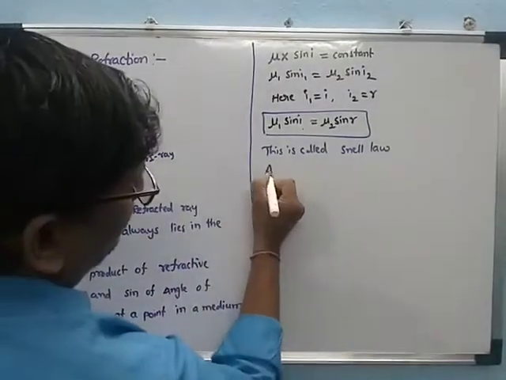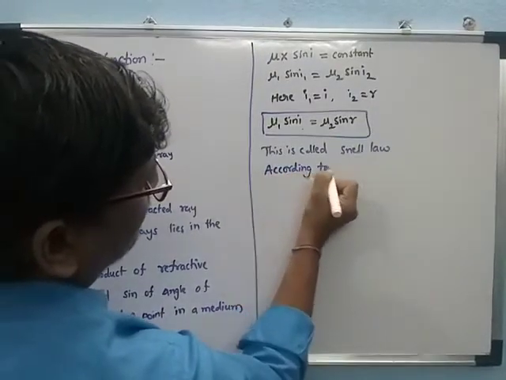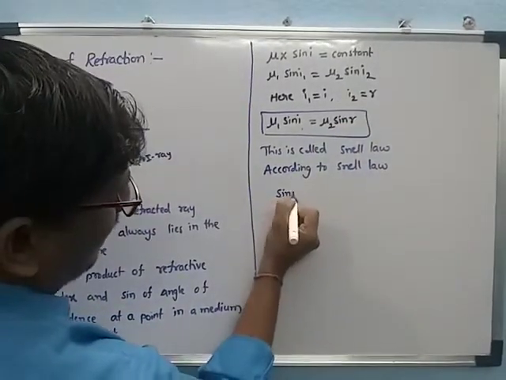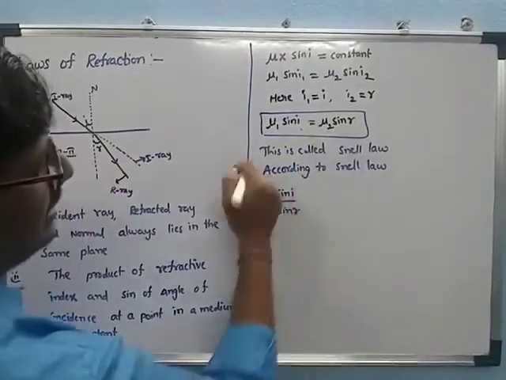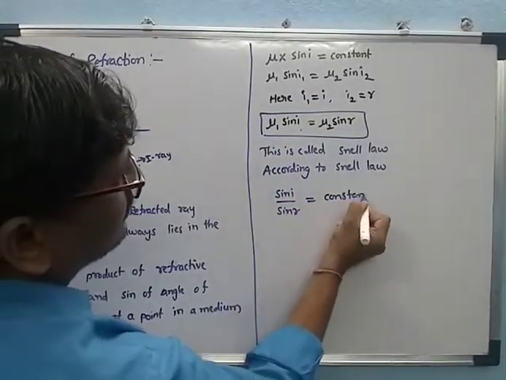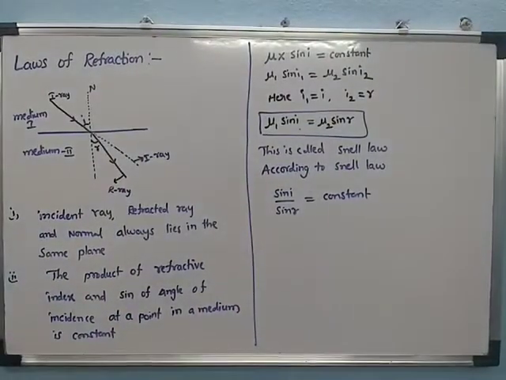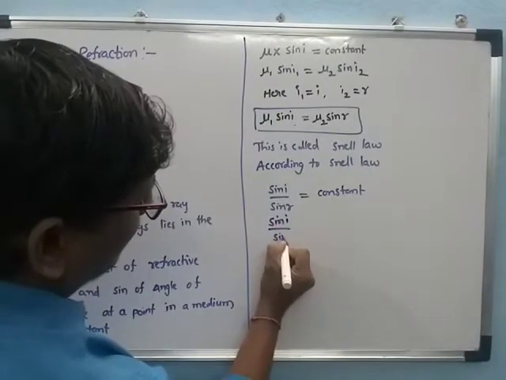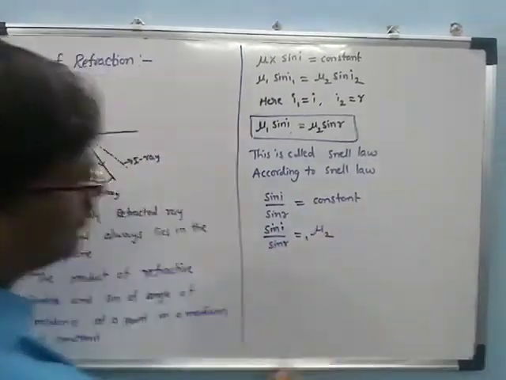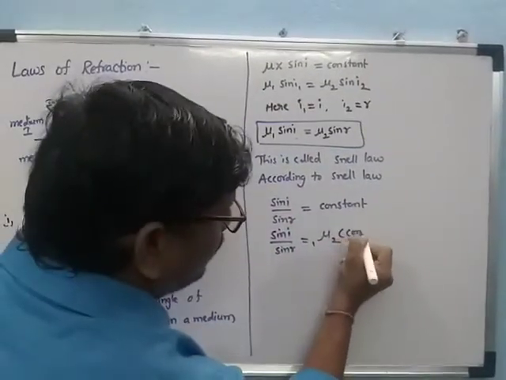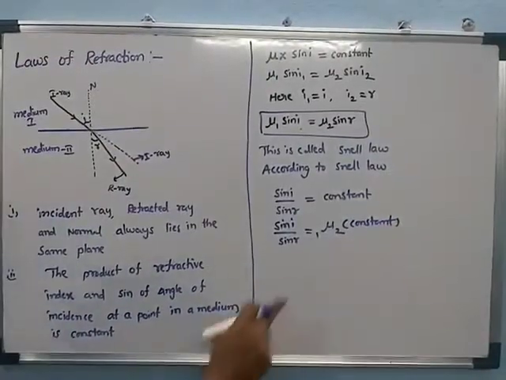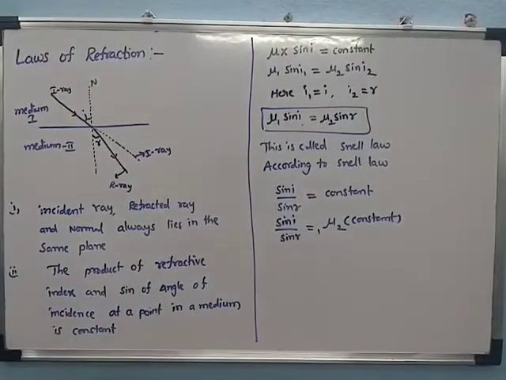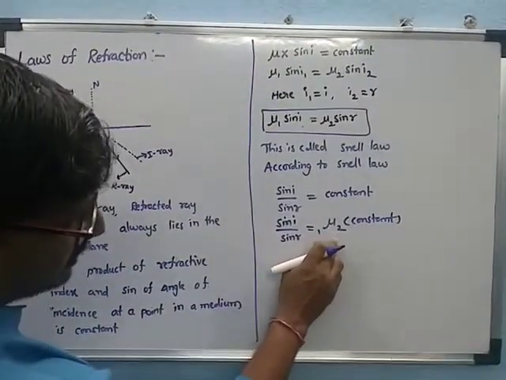According to Snell's law, taking sine r to this side, sine I by sine r is equal to a constant. That constant is the refractive index, nu 1 2. The nu 1 2 is the refractive index of the second medium with respect to the first medium.